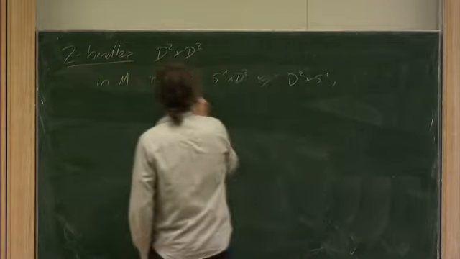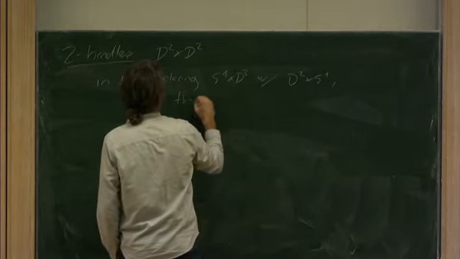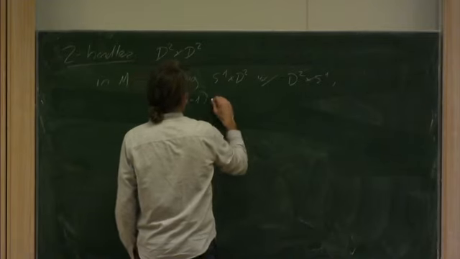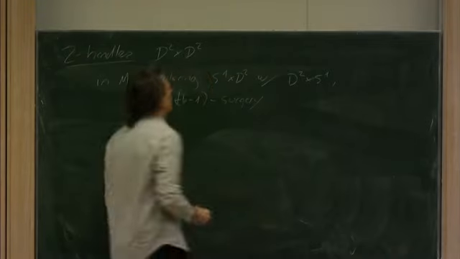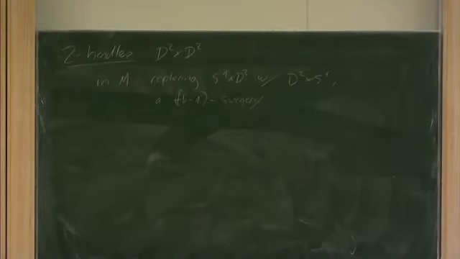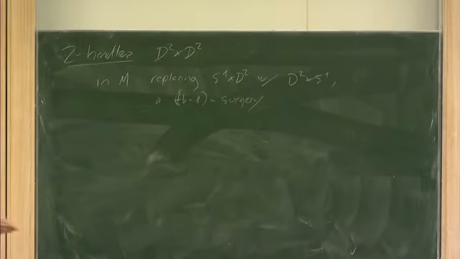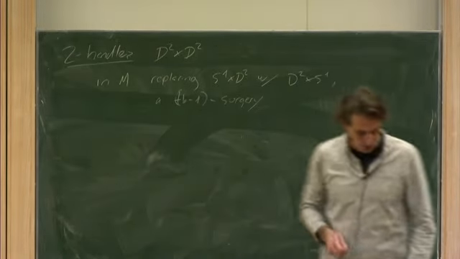So this is just a TB minus 1 surgery, a Dehn surgery with coefficient TB minus 1. And then we want to see what that looks like in the open book decomposition.